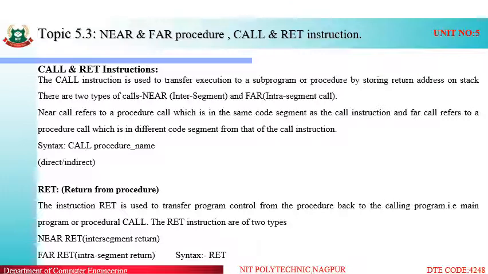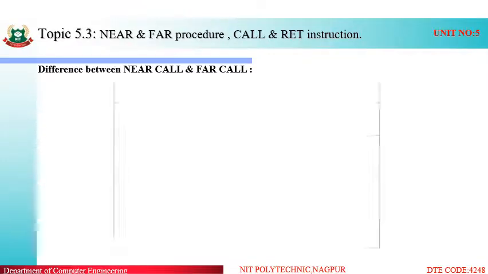The return is a simpler one. When all the execution inside the procedure is completed, we will return to the main program with the help of RET, that is the return instruction. So again, near return and far return. Near return means within the same segment, and far return means in different segments.